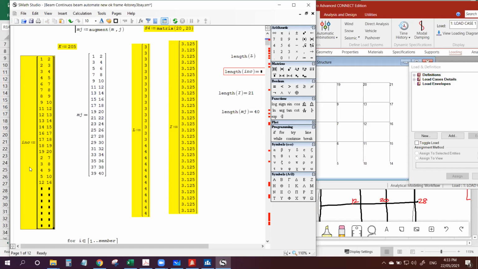I'll paste this in our whiteboard. Where's the whiteboard? So you can see.